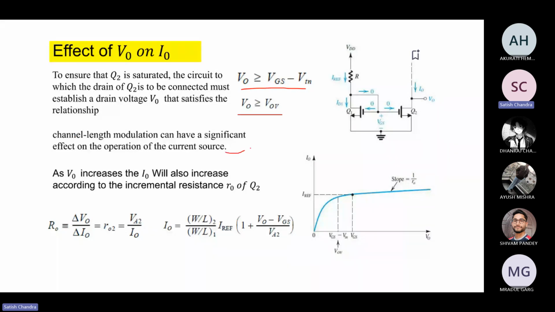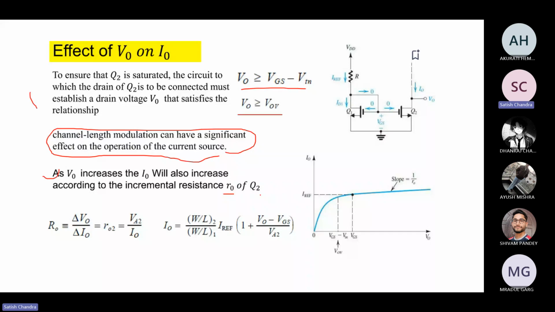That may be noted down. It may change whenever there is channel length modulation. But right now we are not considering that part. For that case, we need to check that it should not go into the channel length modulation case. So as V0 increases, I0 will also increase according to the incremental resistance R0 of Q2.